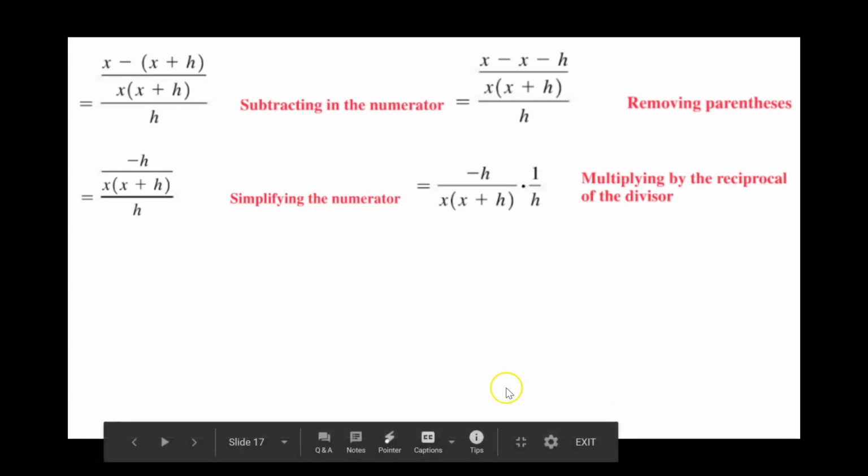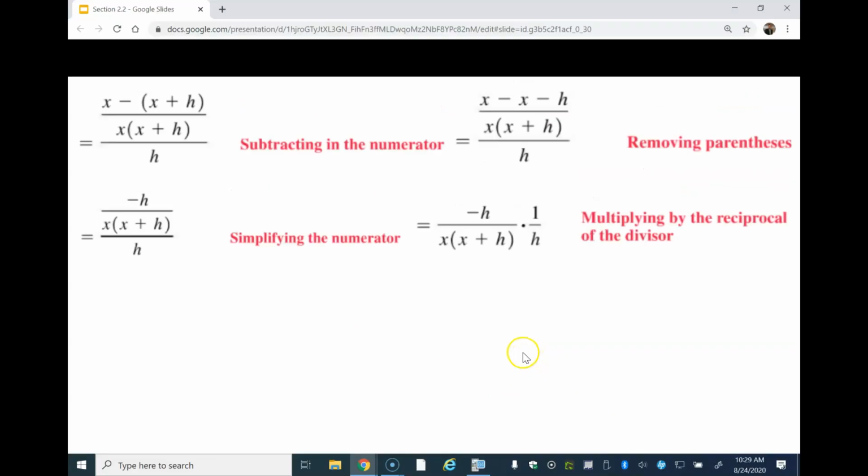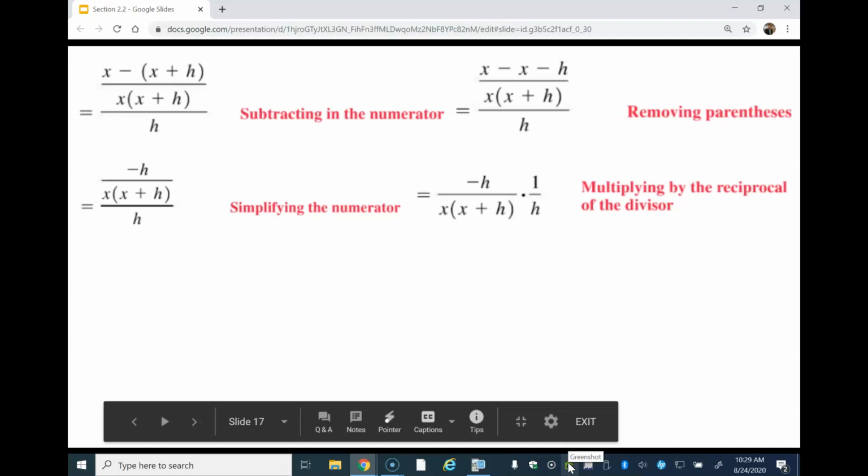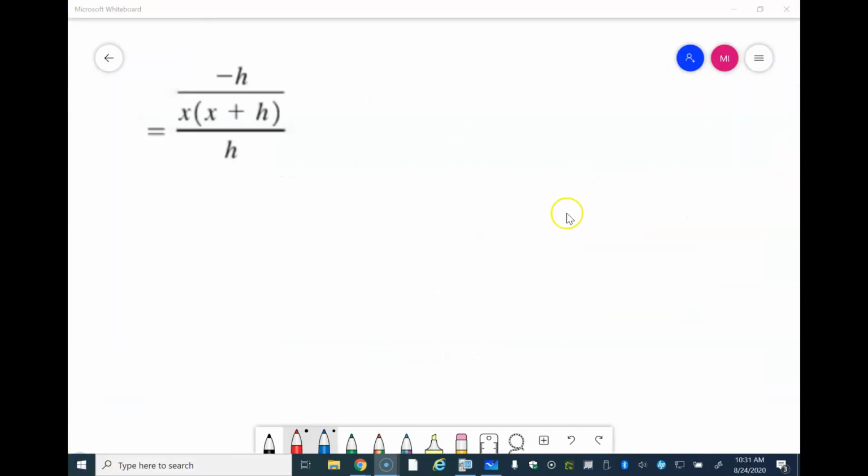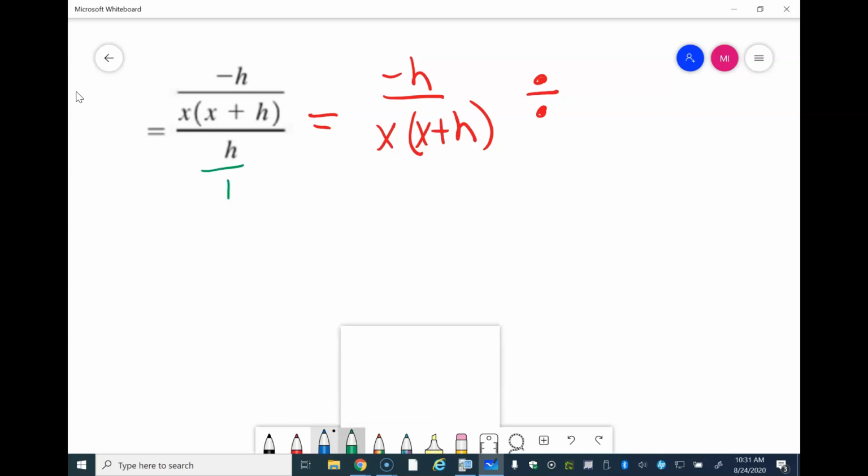So let me lay that out for you so you can see what's going on. Here, this can be written as two fractions: negative h over x divided by, if you actually use it as a symbol, this, and we can say this is over 1.